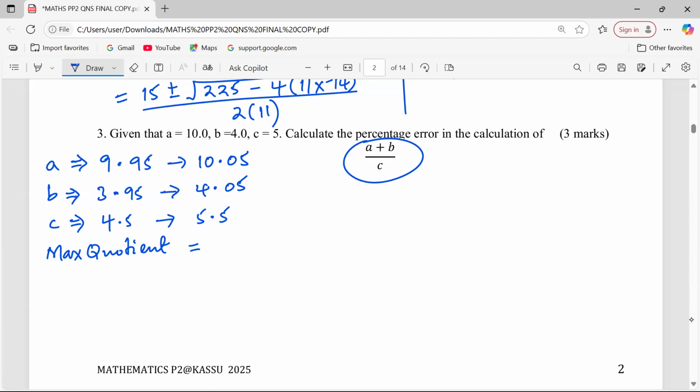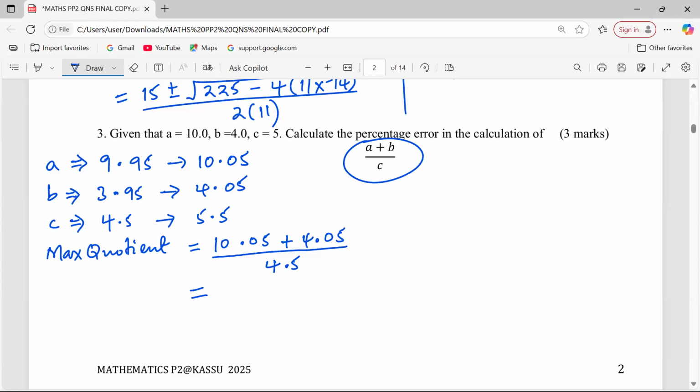So the biggest possible numerator shall be upper limits added up. Then for me to get maximum quotient, I have to divide by the least possible denominator. And the least possible denominator is 4.5. If quotient has to be maximum, then we need the highest possible numerator and the least possible denominator.